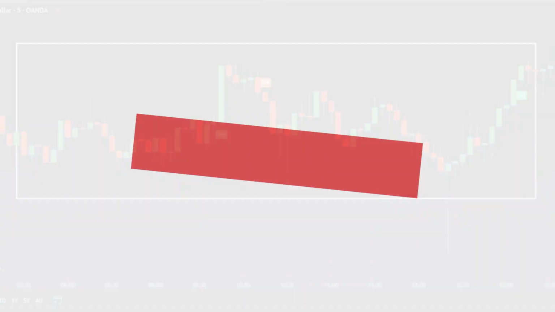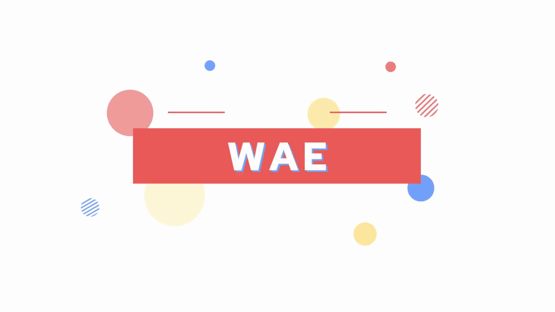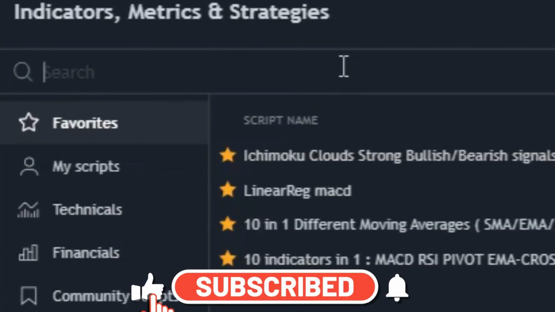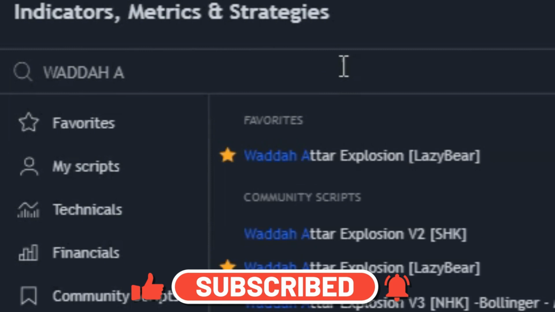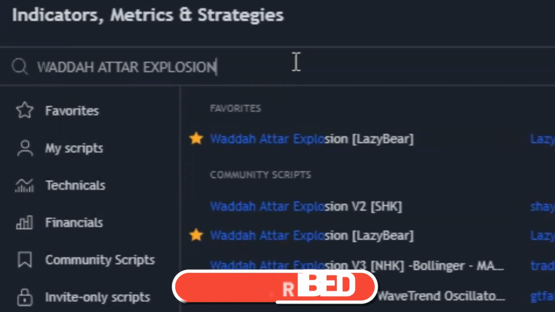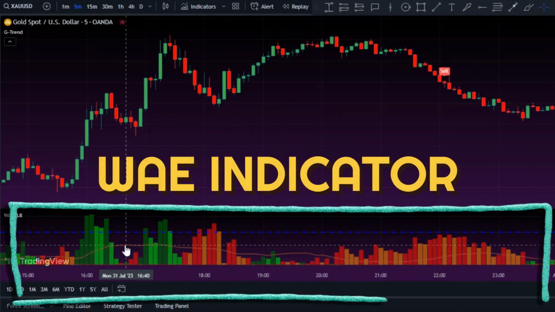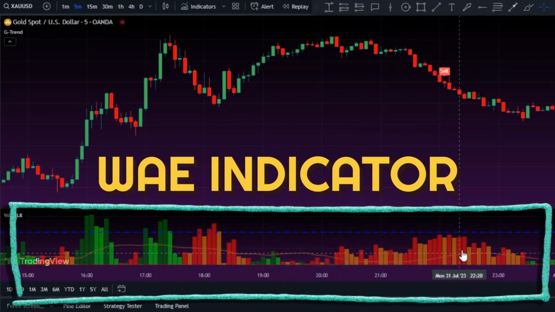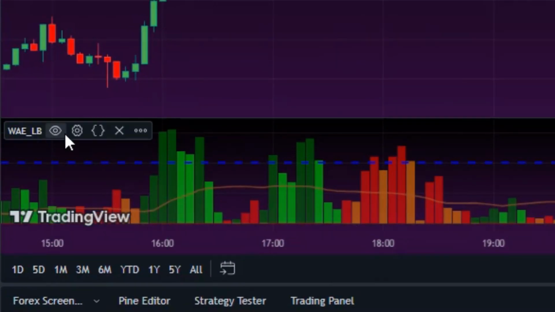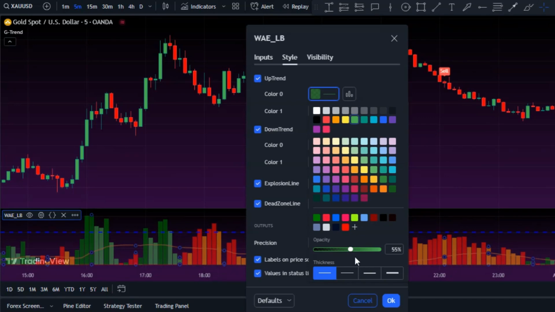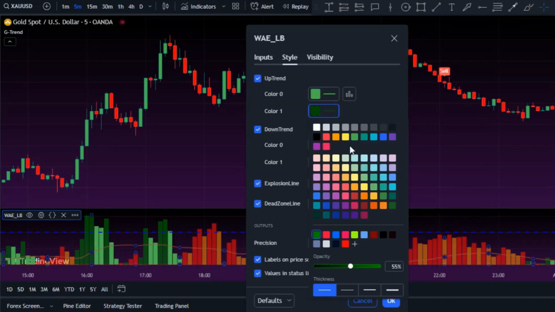For that, we'll need to add the Waddah Attar Explosion indicator. After adding it, the indicator will pop up on your chart like this, but we'll want to tweak the settings to optimize it. So in the style tab, make the exact same changes that I made.